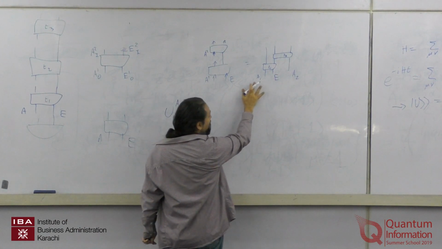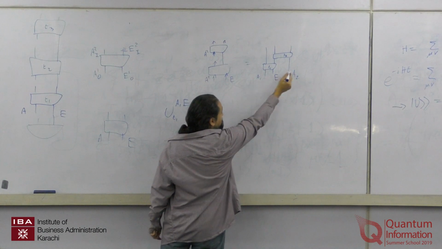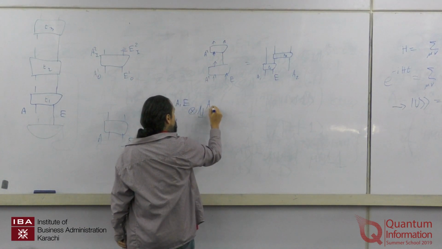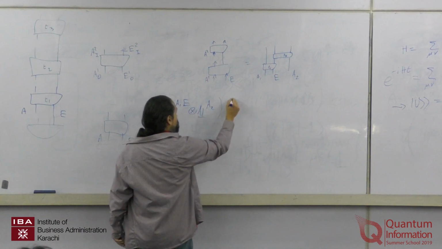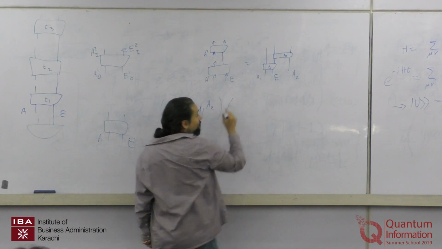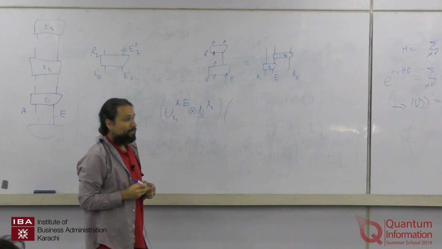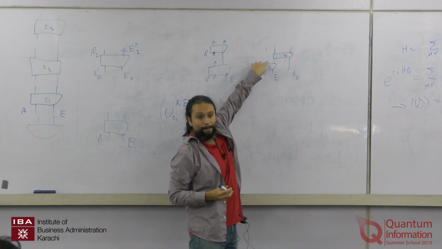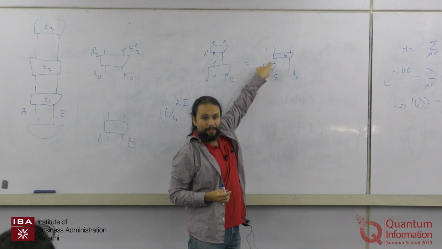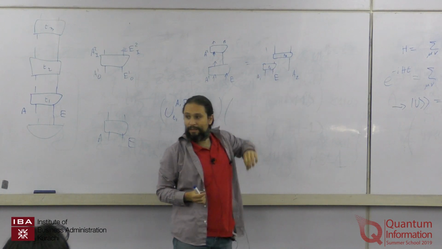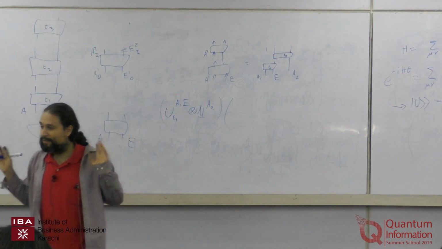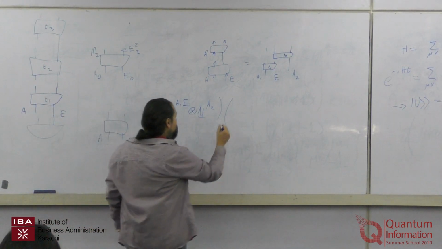So this operator acts on A1 and E, and it acts as identity on A2. And now this operator, how does it act on A1? The second part here. Just an identity.